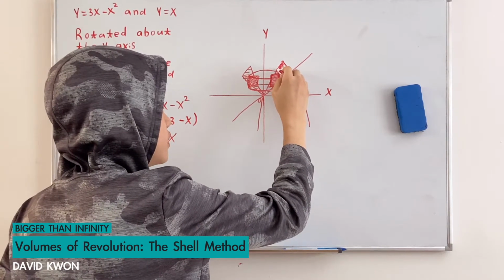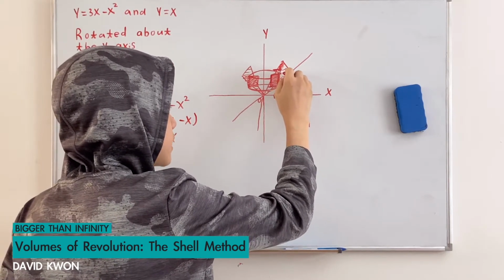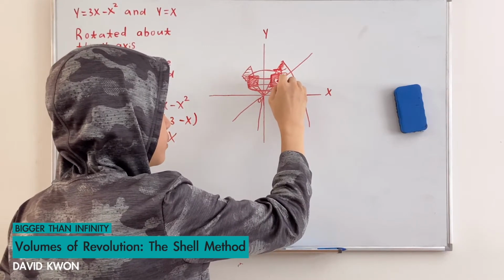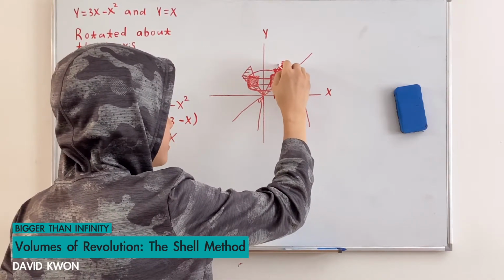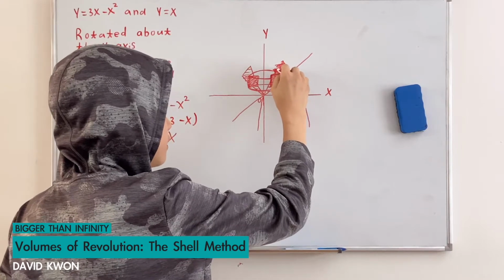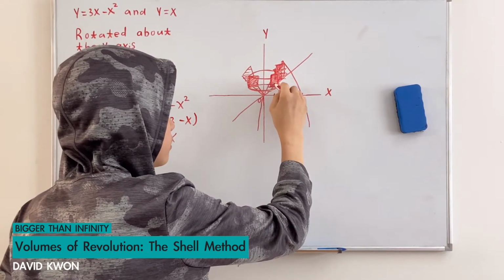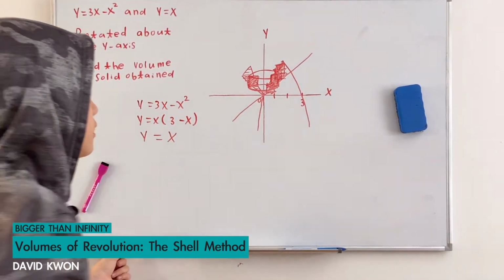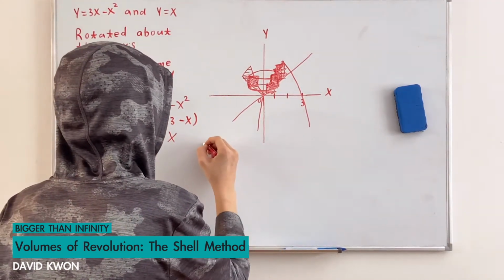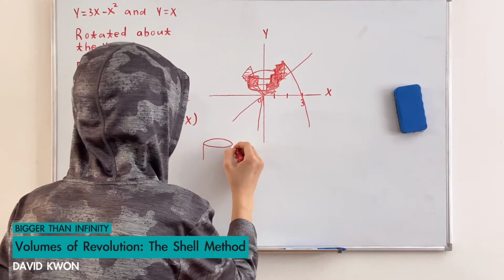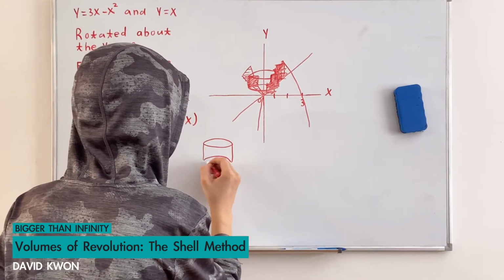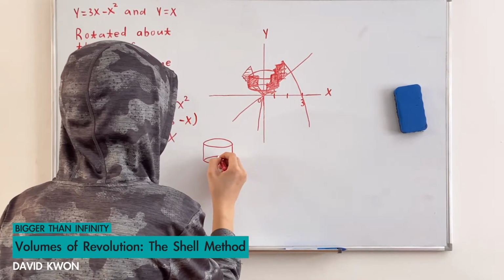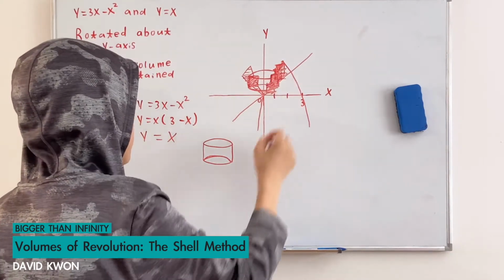The integral will give us another rectangle here, and then here, and then down here as well. That's what the integral does for us. Anyway, let's just find the volume of this cylindrical shell. Then if we put in an interval, we will find the answer.